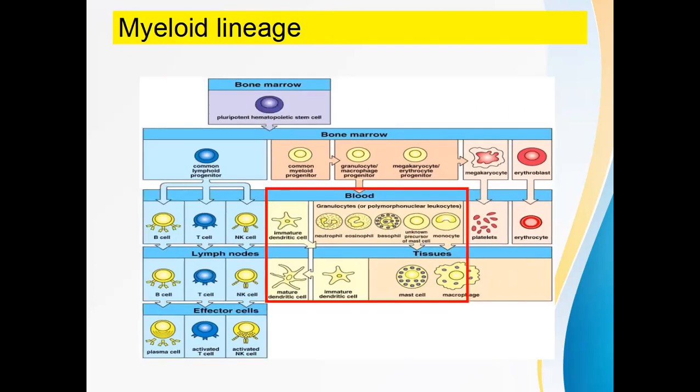And in the myeloid lineage, we will be discussing the functions of neutrophils, eosinophils, basophils, mast cells, and the macrophages.